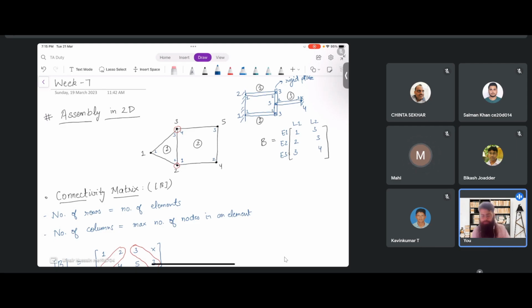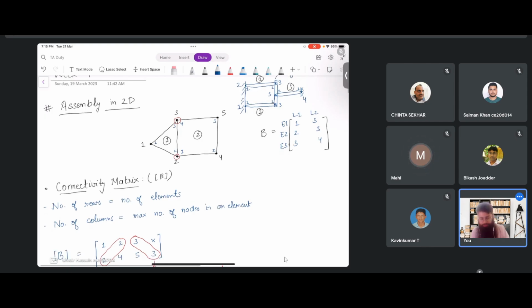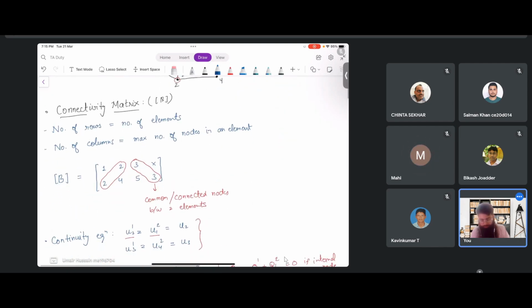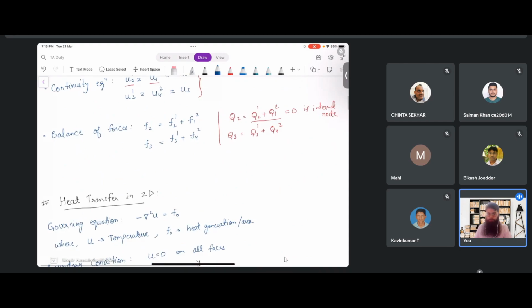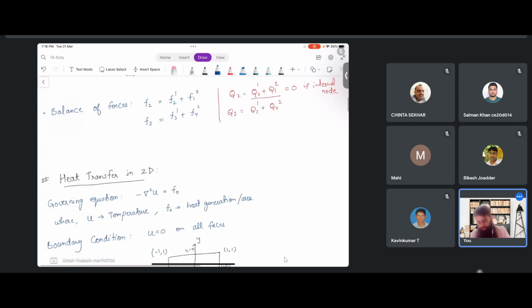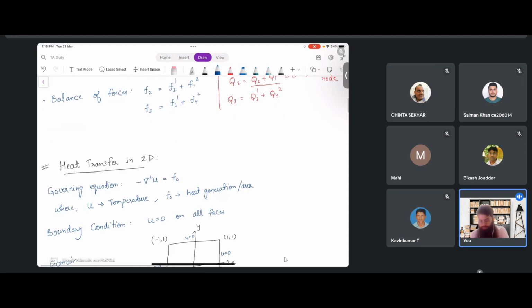That's the same in 1D and that's the same in 2D. Okay, so this was all about assembling the matrices and vectors. We might see a few problems on this for more understanding later. Then the next thing we studied was heat transfer in 2D, a basic heat transfer problem.